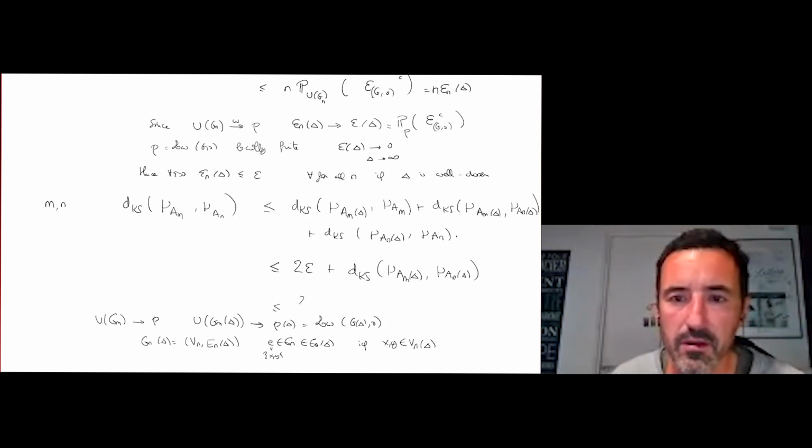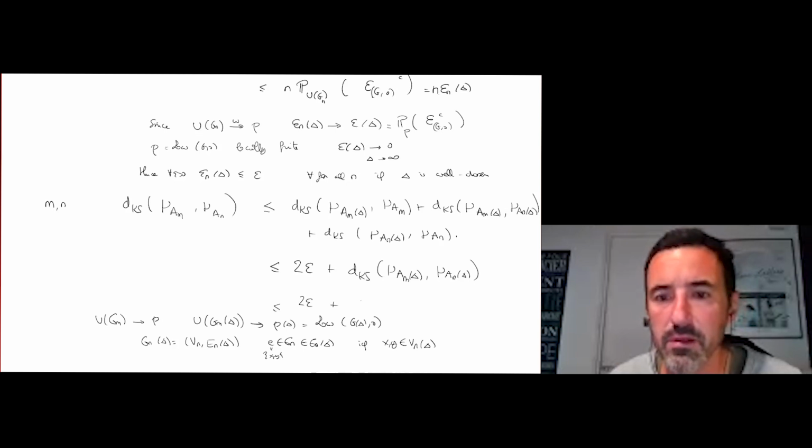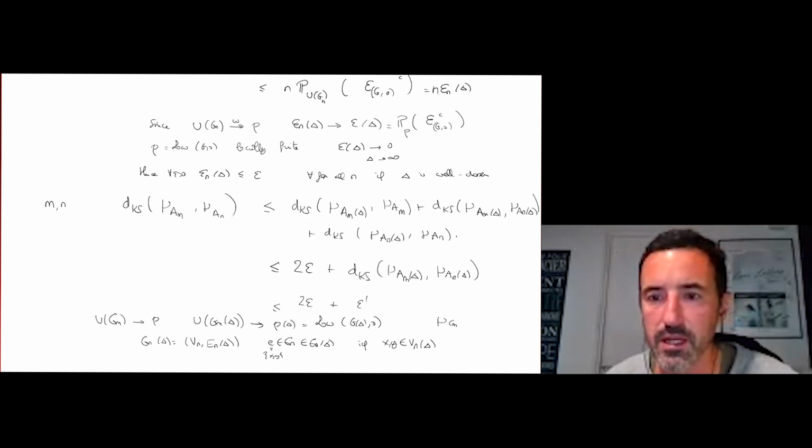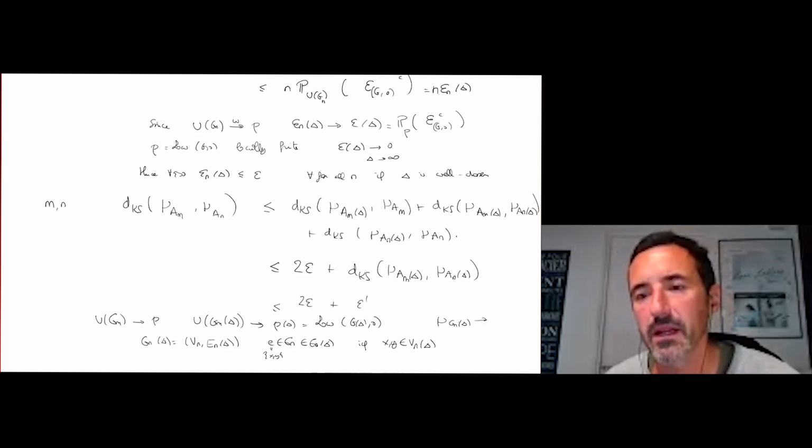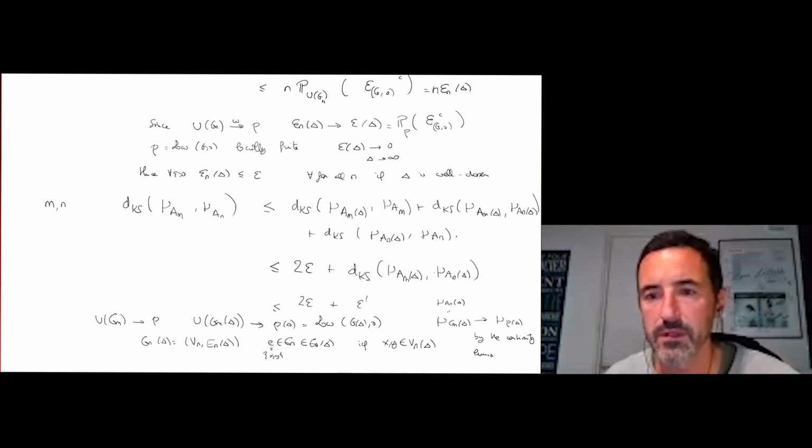So this will be less than 2ε plus ε prime, because we know that μ of G_n δ, the spectral measure of G_n δ, will converge to the spectral measure of ρ δ by the continuity lemma.